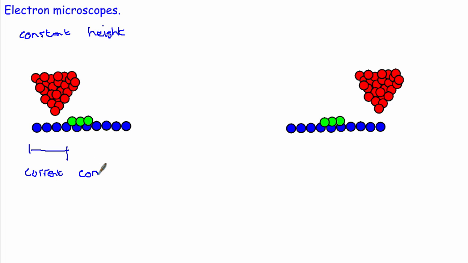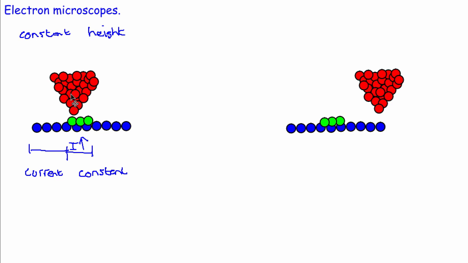But then, as you move the tip further along like this, you're keeping this at a constant height, you're not moving it, but because the sample is closer, the current between here and here is going to go up.